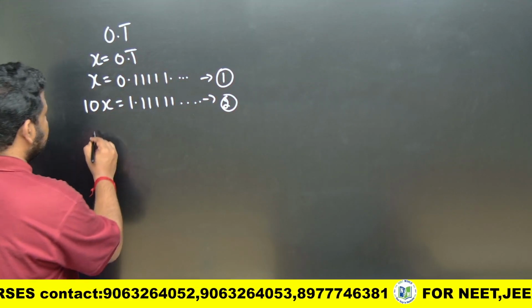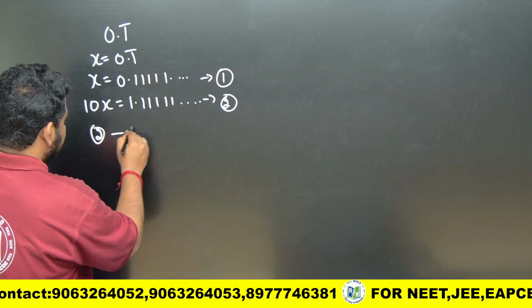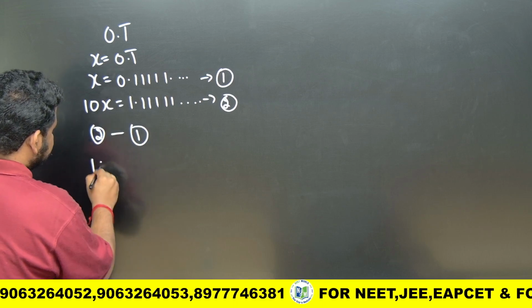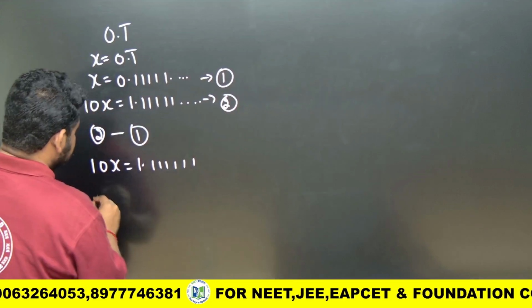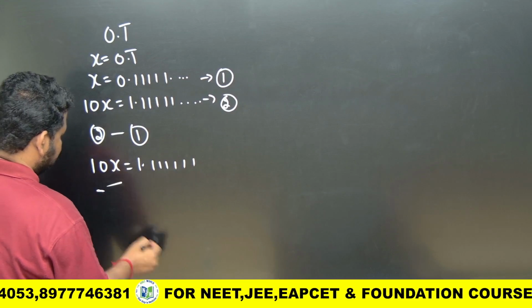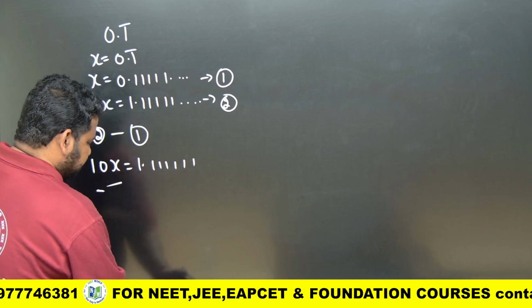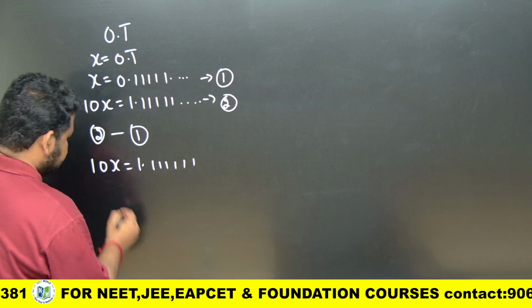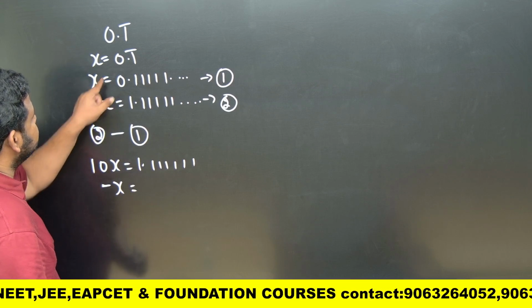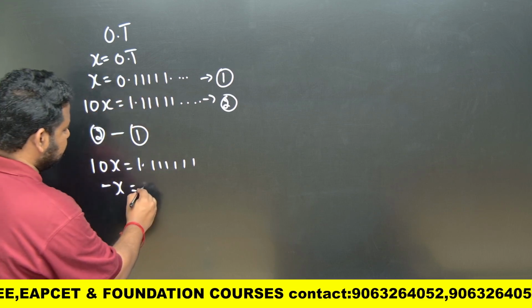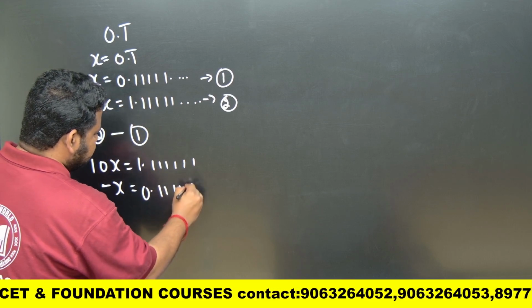Now what I will do is equation 2 minus equation 1. This gives me 10x is equal to 1.111, something like this, minus x. 2 minus 1 means 10x minus x, and x you should write as 0.1111, something like this.